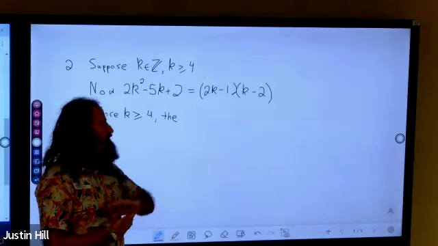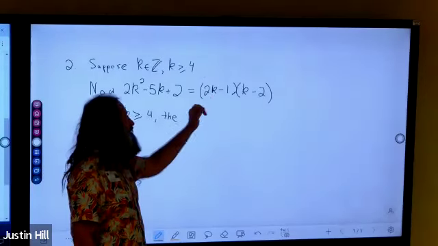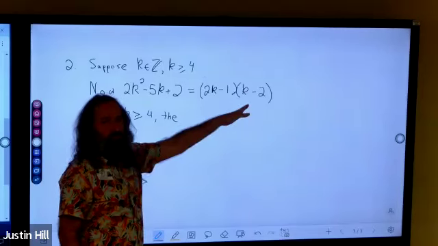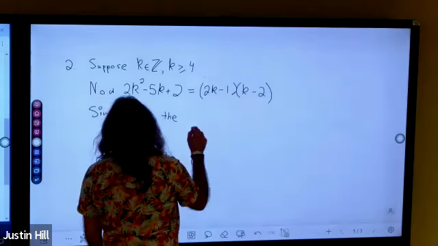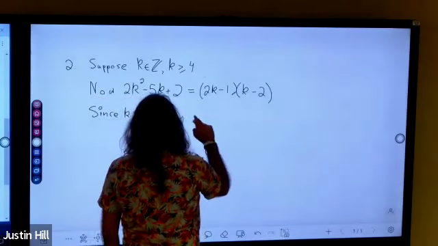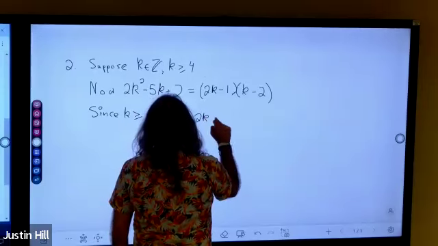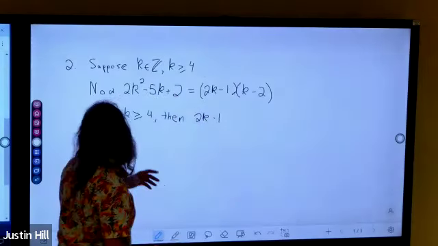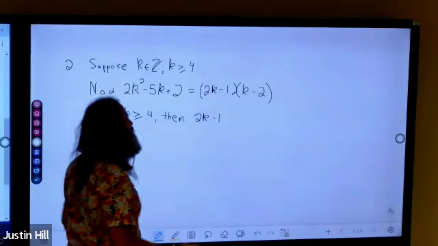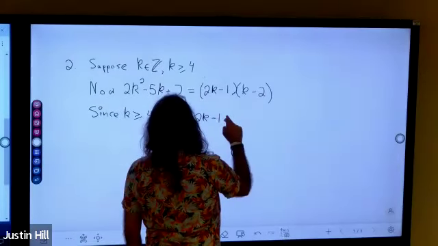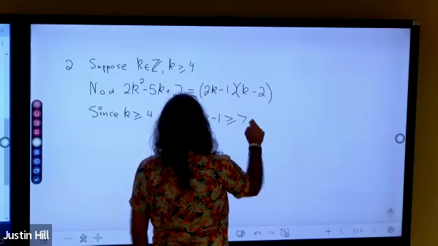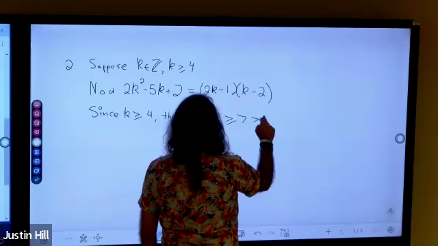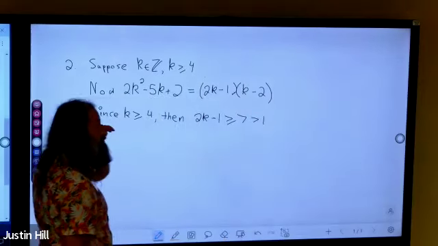The idea, at least mentally, is you plug in k and figure out what these have to be greater than. So 2k minus 1 has to be greater than or equal to 2 times 4, which is 8, minus 1, which is 7. So 2k minus 1 is greater than or equal to 7, which is definitely greater than 1. Sorry, not equal to 1, but greater than 1.